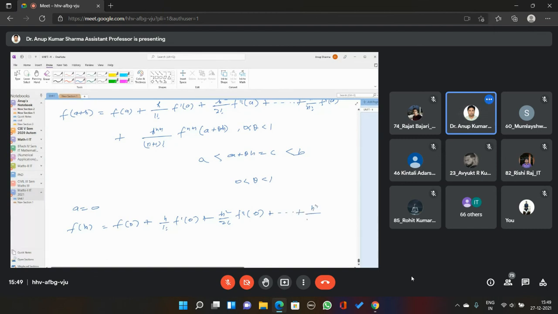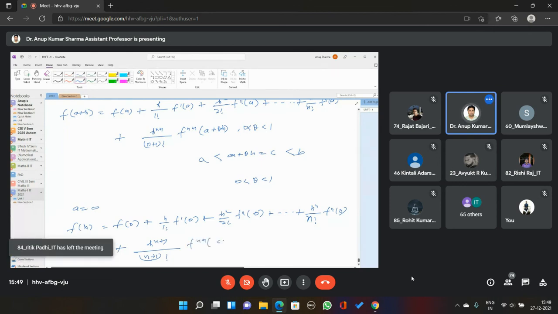h power n upon factorial n f n of 0, and the remainder term is h power n plus 1 upon factorial n plus 1, f of n plus 1 at the point c.